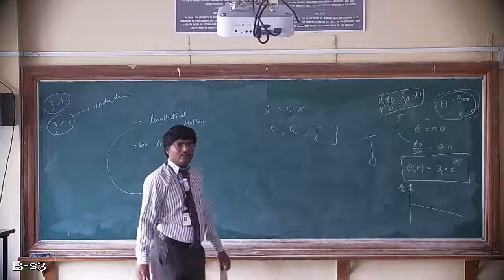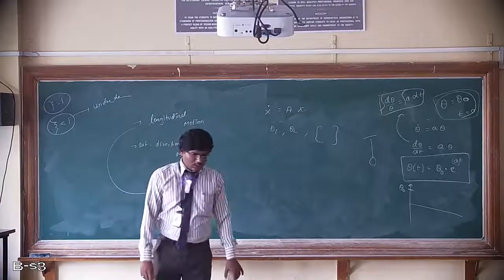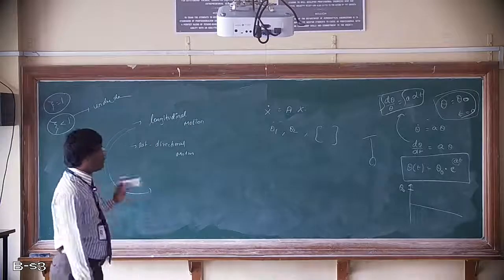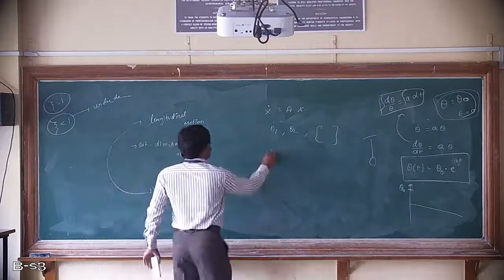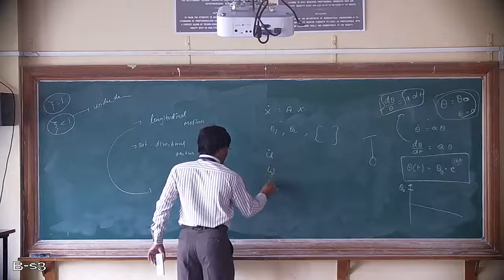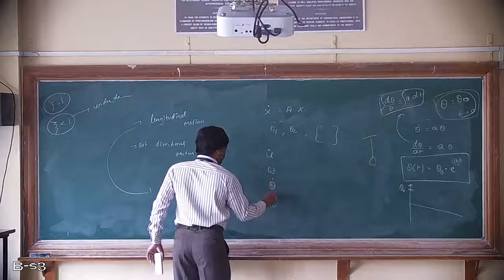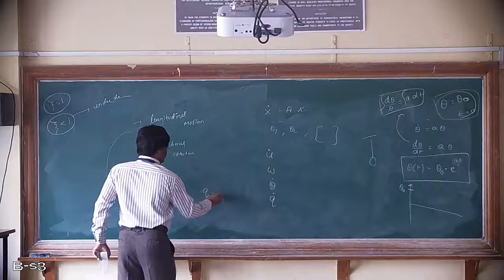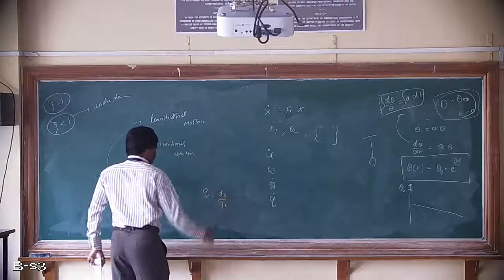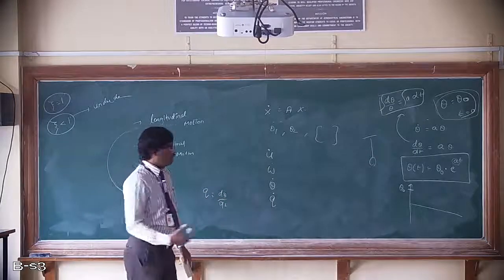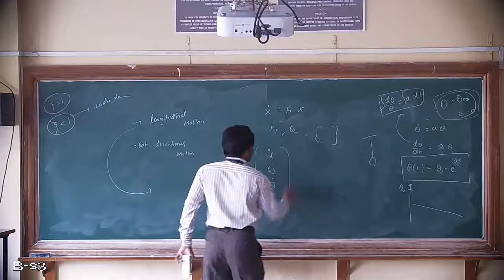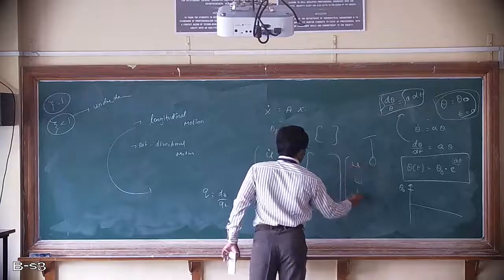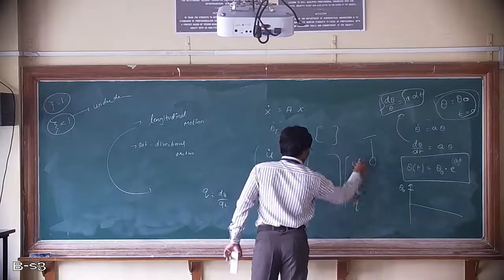But in the case of longitudinal motions, you will get u dot, w dot, theta dot, q dot. q is nothing but the pitch rate, d theta by dt, remember? So this is a matrix multiplying u, w, theta, q, like that you will get.